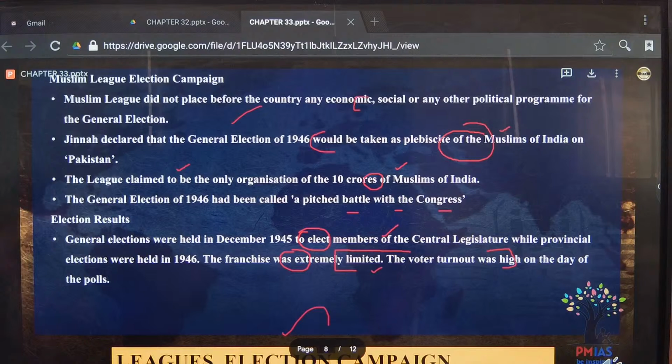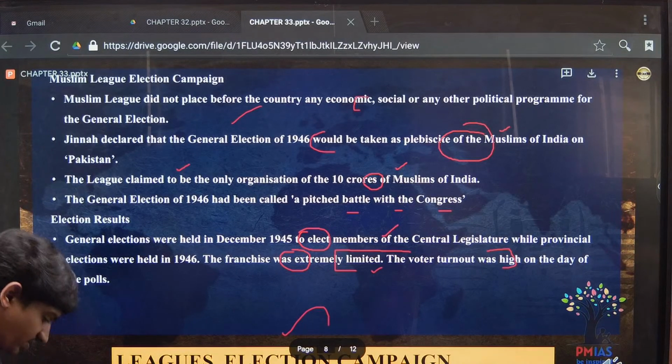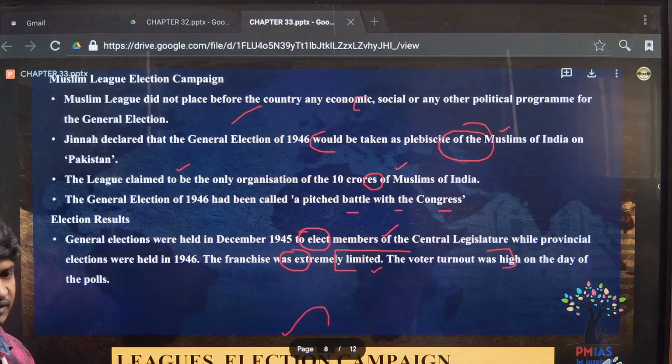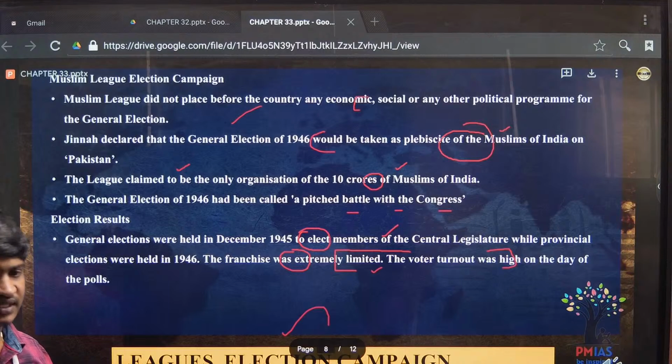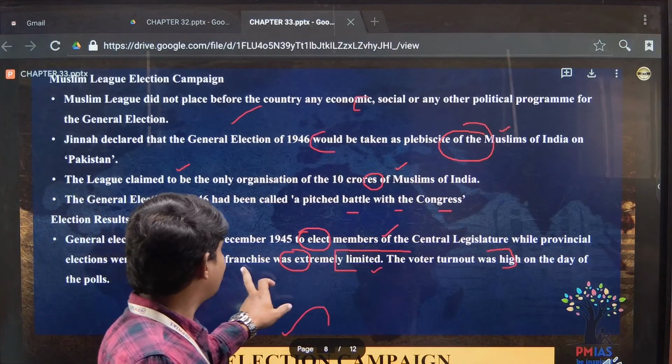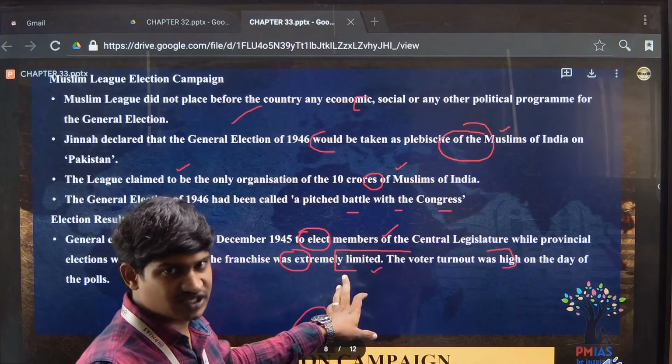And not only that, the general election of 1946 has been called a pitched battle with the Indian National Congress. Looking at the election results, the central legislative as well as the provincial elections followed in 1945 and 1946. In 1946, the central legislative elections, and in 1946, the provincial elections, that is the state government elections. But there is another problem here: the franchise was very much limited.